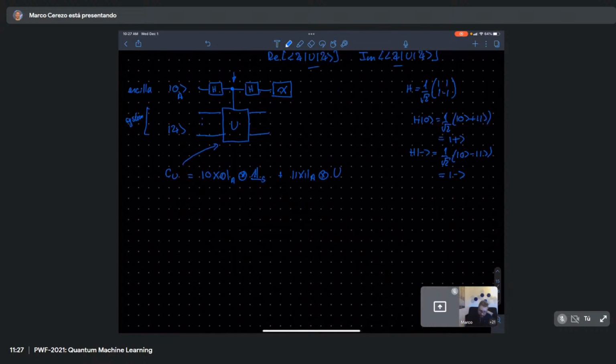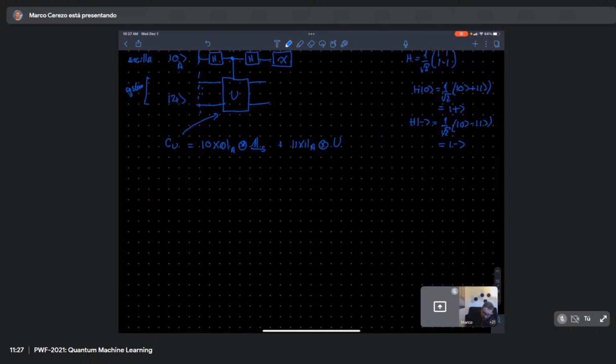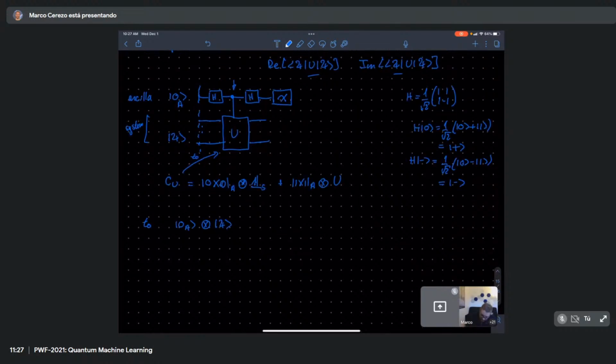So for instance, let's call this initial moment T0. And we know that at T0, our state is 0 on A tensor psi on my system, right? That's all. Then let's call this right here T1, so just the first Hadamard has acted on the ancilla, and we already know how the Hadamard acts.